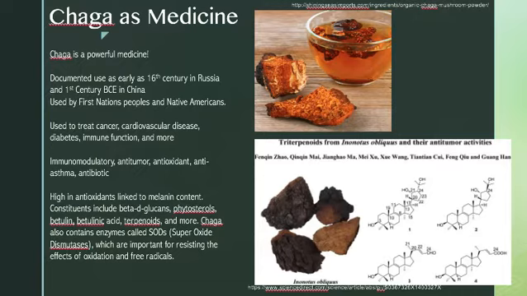And there's a legend in Russia that about 900 years ago, Duke Vladimir Monomakh had lip cancer that was cured by chaga. Chaga was also used by First Nations peoples in Canada and Native Americans in North America. So it's been used for a very, very long time medicinally.